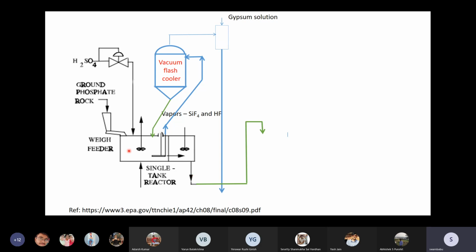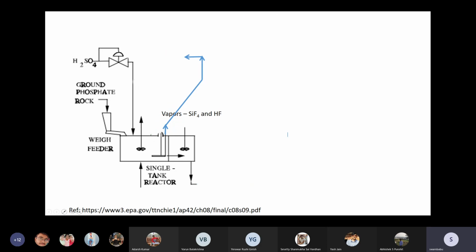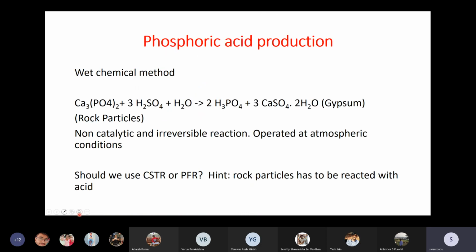So after this reaction, the phosphate rock reacts with sulfuric acid and produces phosphoric acid and gypsum. Two things come outside: phosphoric acid and gypsum.